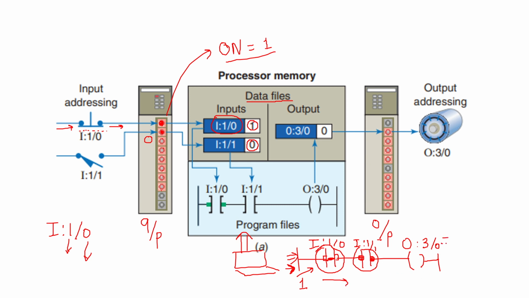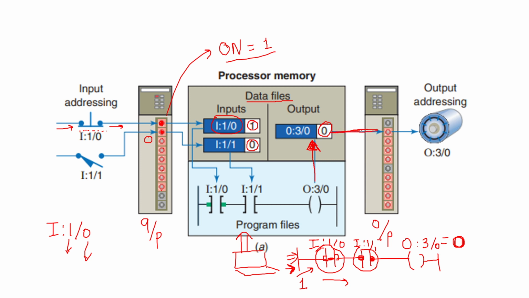So this bit is 0, and the status of this bit again goes to the data files, which store the status of your bits. Now you are getting 0 here, and the status of this bit is transferred to your output addressing again.